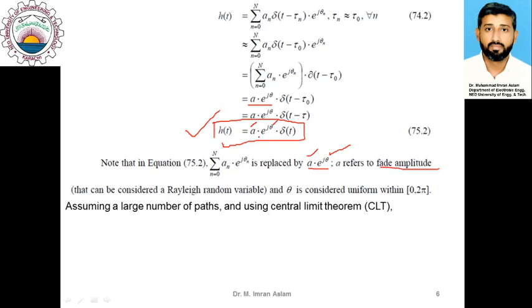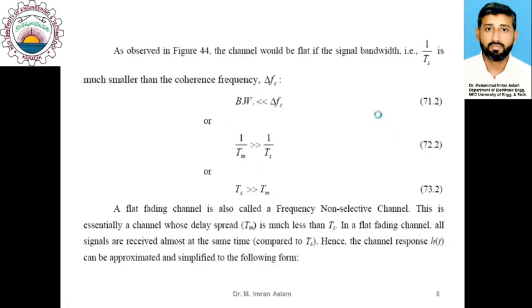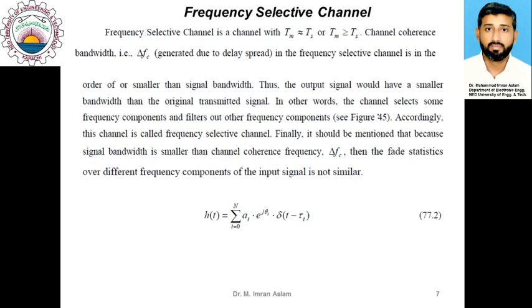We have only two significant components, amplitude and phase. Typically the amplitude follows the Rayleigh distribution, a Rayleigh random variable, and the phase follows the uniform distribution, or a uniform random variable. Okay, so this was the discussion related to the frequency flat channel.